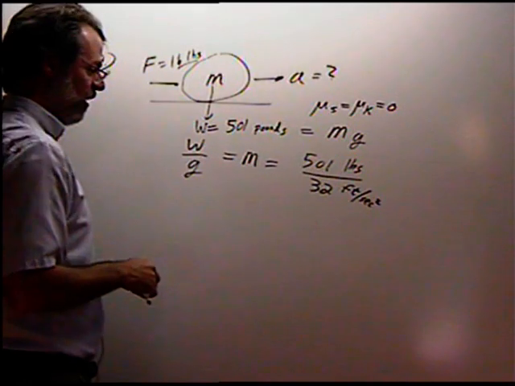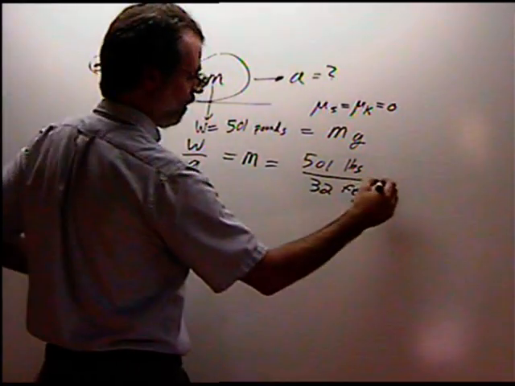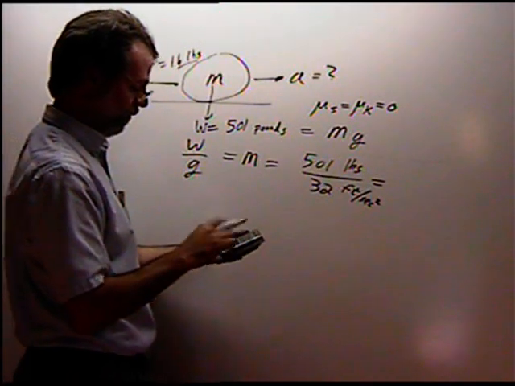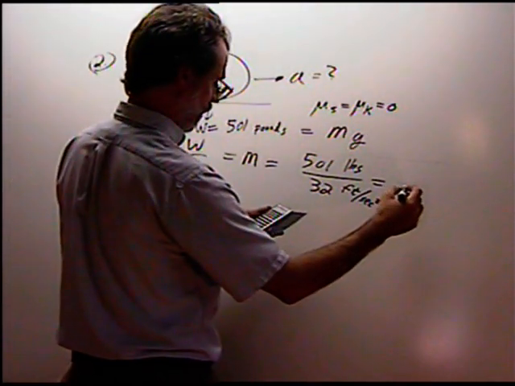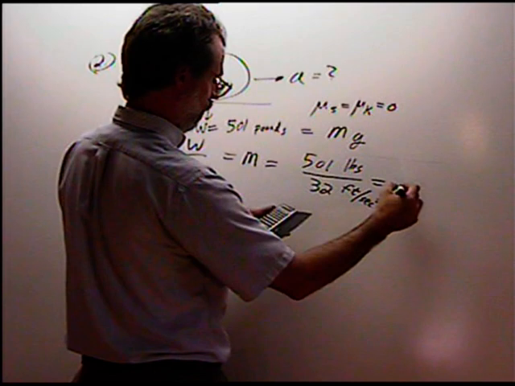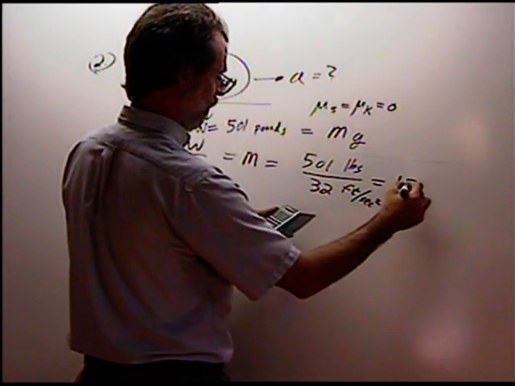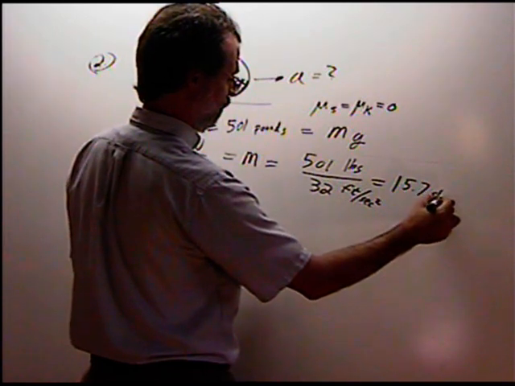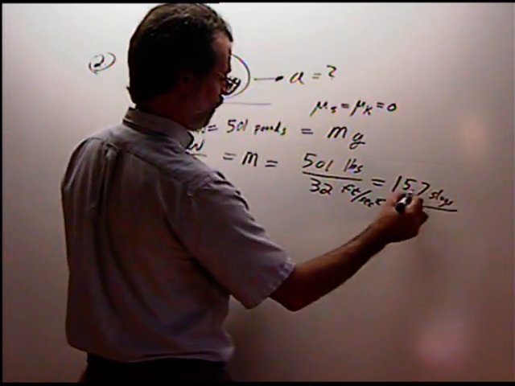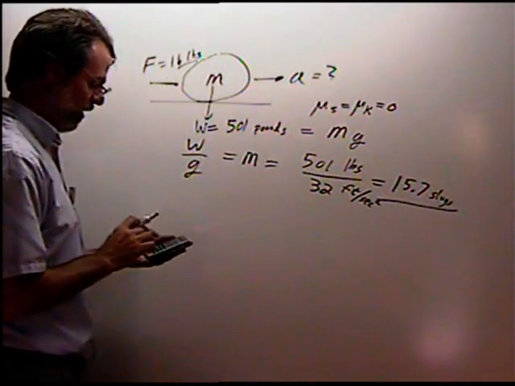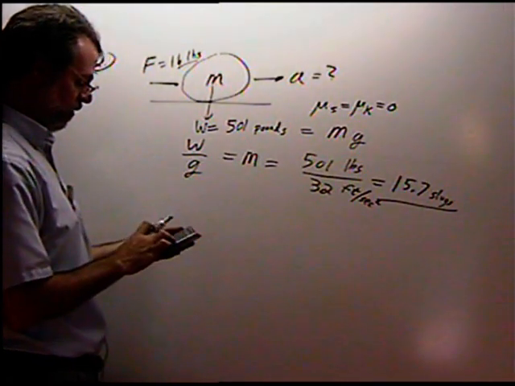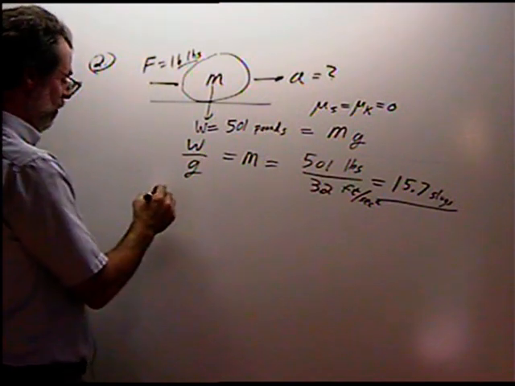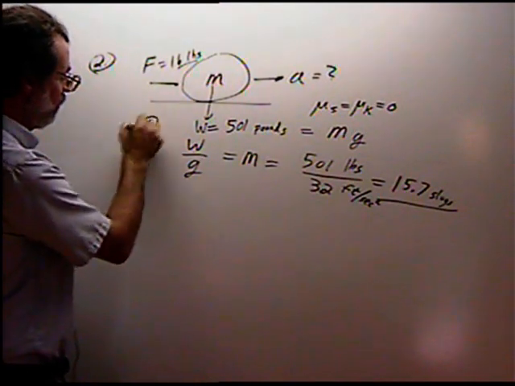That gives us a mass equal to 501 divided by 32, which I'll round off to 3 significant figures, 15.7 slugs, because that's an English unit of mass. Okay, that's the mass. So that's step 1.